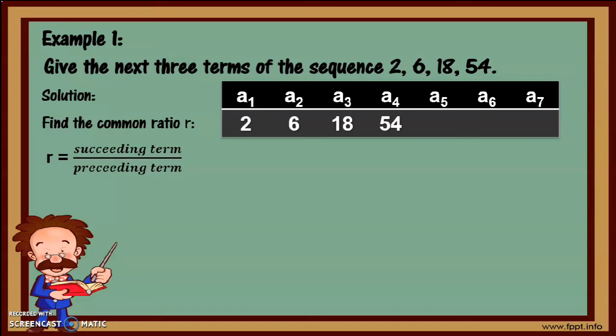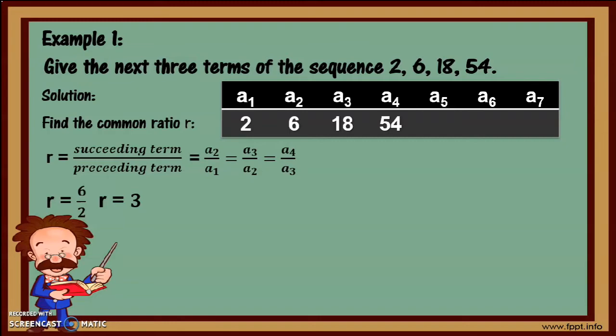So meaning that you have to take the second term divided by the first term, and it will be equal also to third term divided by second term, and it is also equal to the quotient of a sub 4 divided by a sub 3. So the common ratio is equal to 3.